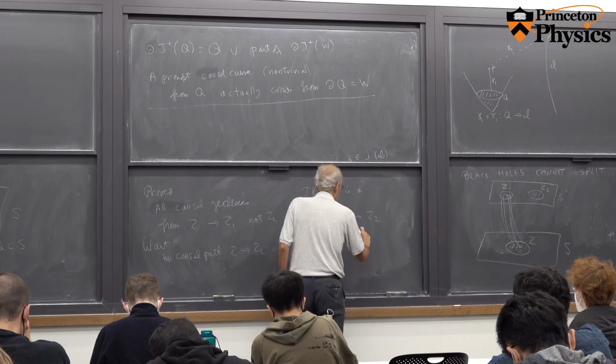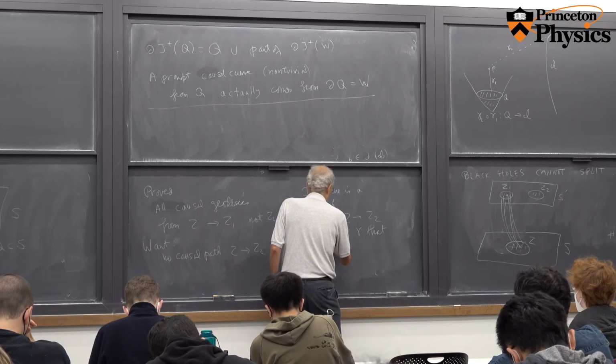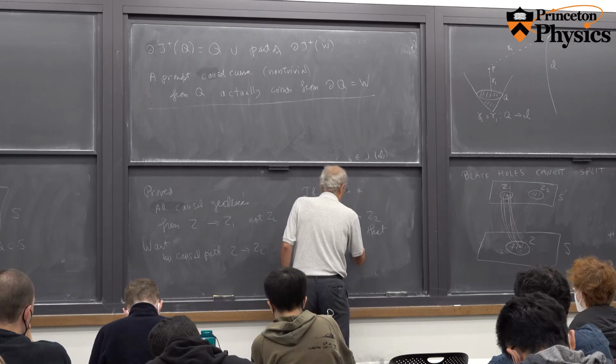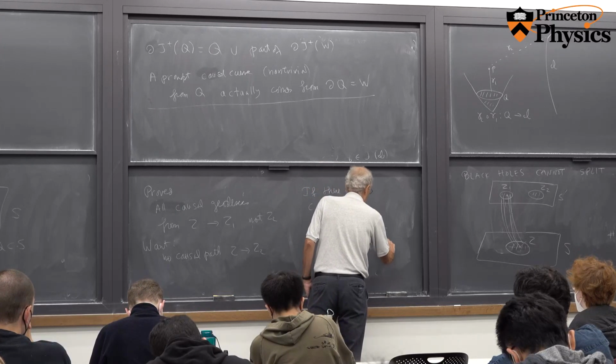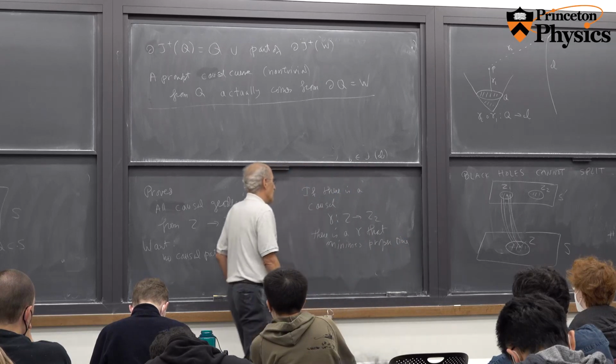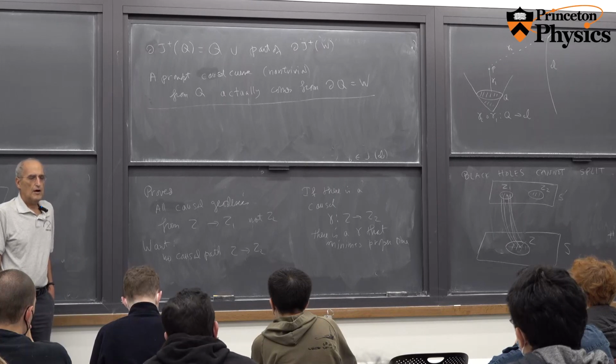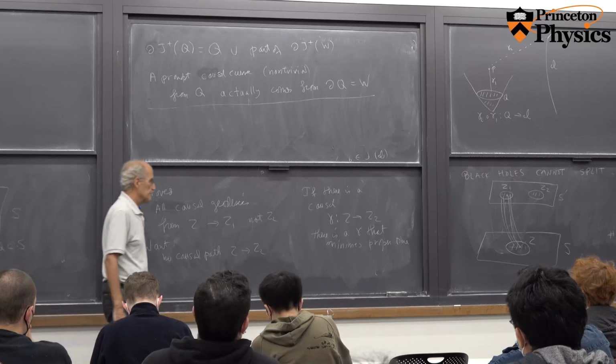If there is such a gamma, there's a gamma that minimizes the proper time, because we're in a globally hyperbolic spacetime where spaces of causal paths are compact.